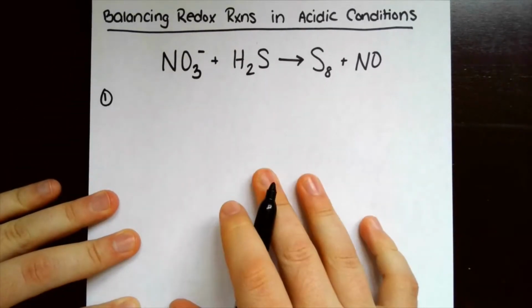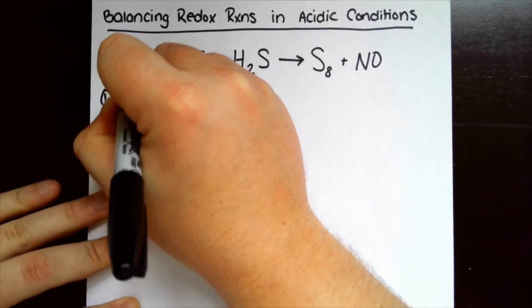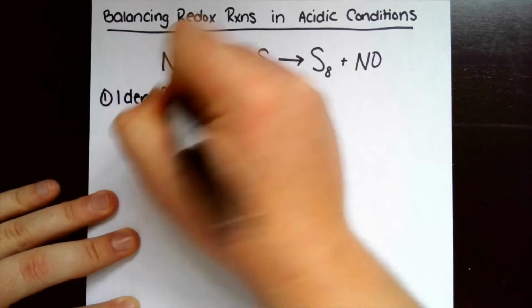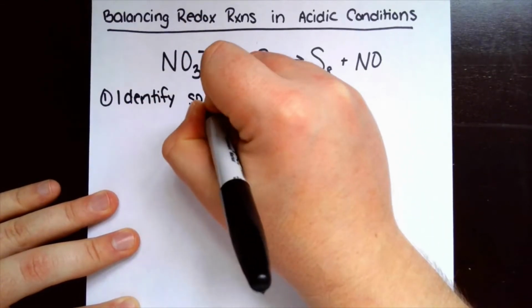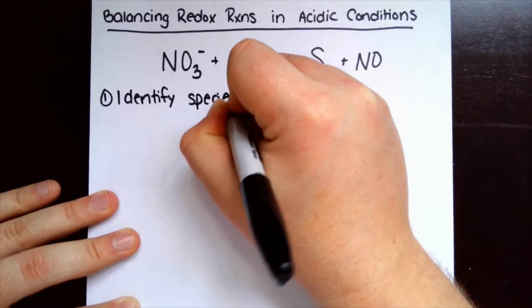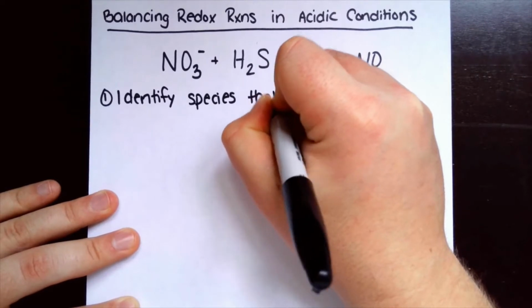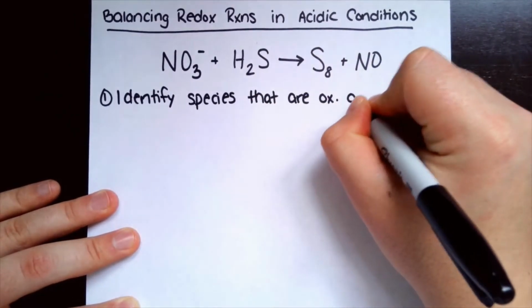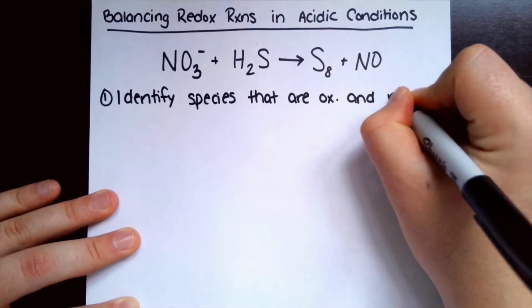So the very first step, you need to figure out what will be oxidizing and what will be reducing. So identify species that are oxidizing and reducing.